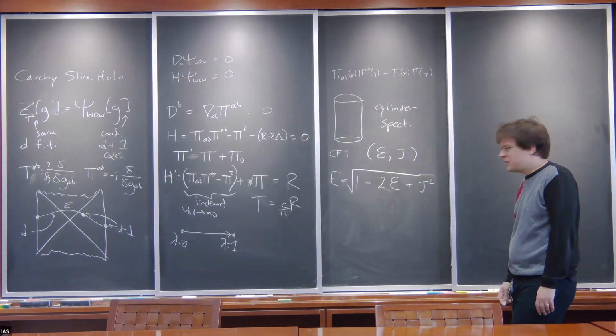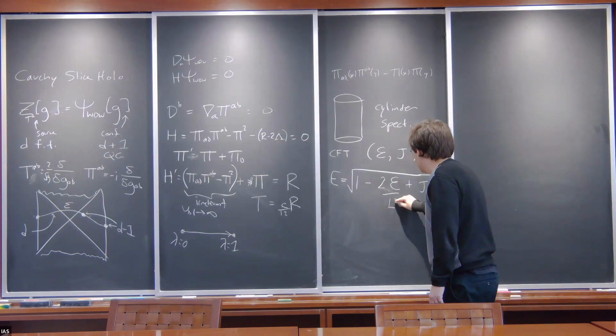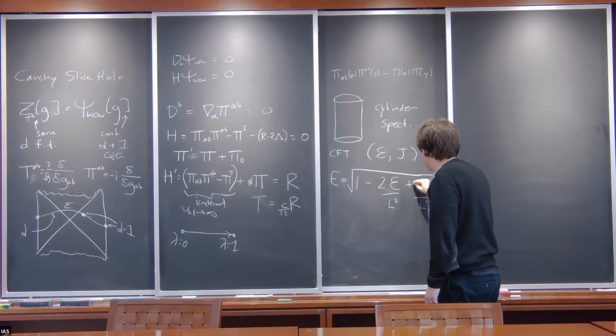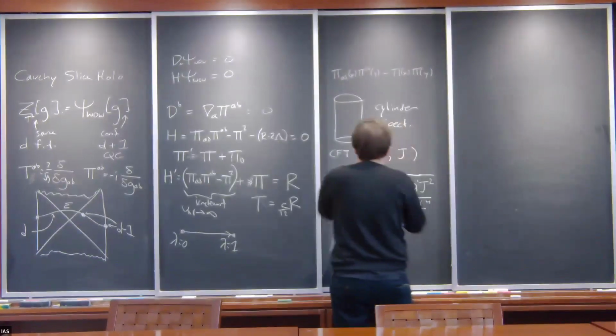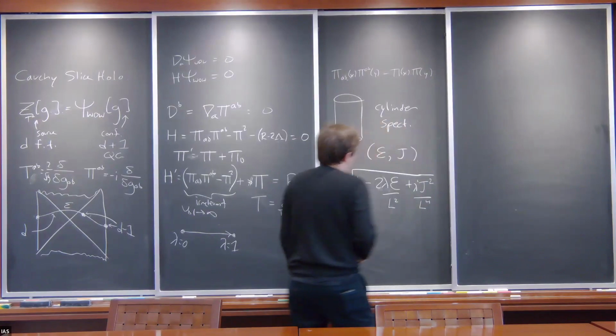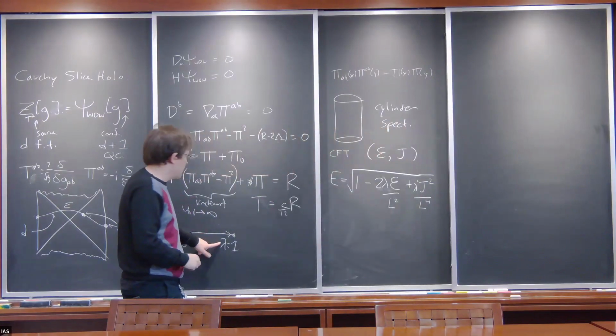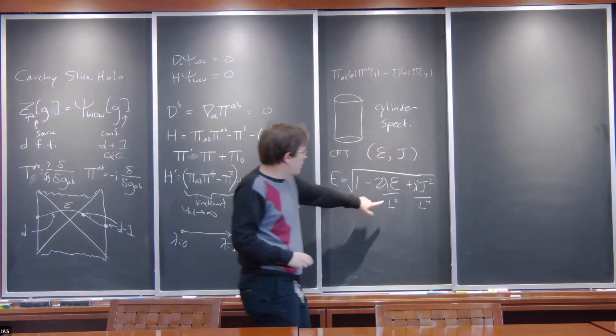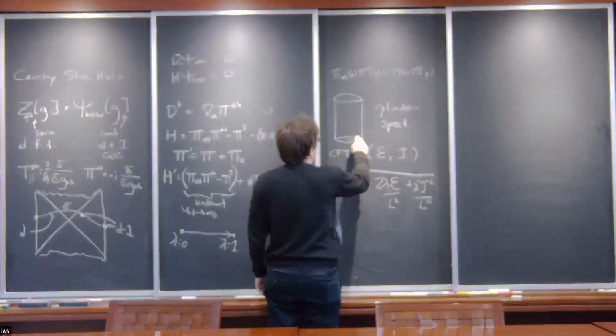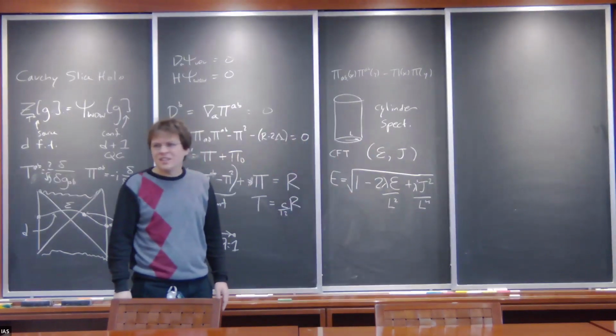And now I'm going to restore some stuff. Lambda here is the coupling, and L is the radius of the cylinder.